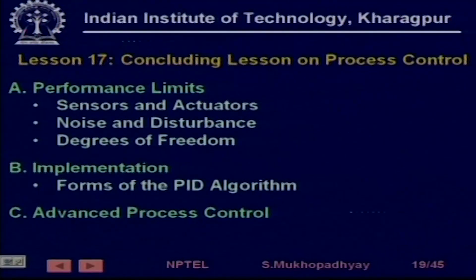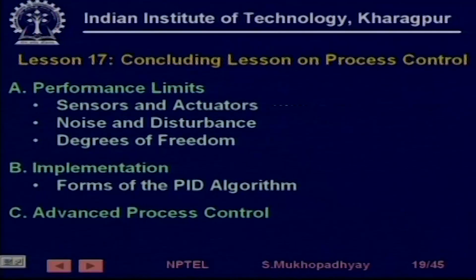Then we talked about the implementation, and specifically how the PID algorithm can be implemented in various ways and how they are practically implemented in commercial industrial controllers. And finally, we talked a little bit about advanced process control. In this control module, we have not talked about some of the advanced process controls that are slowly being introduced.